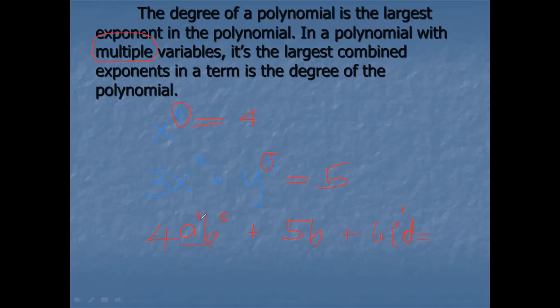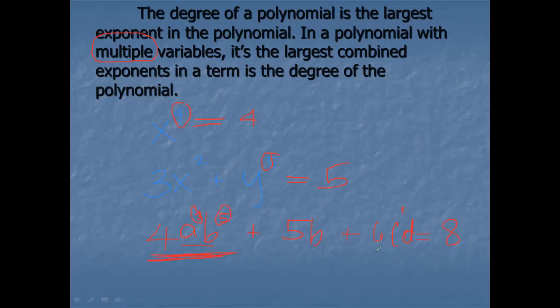Therefore, the degree in here is the highest power combined. So 3 and 5 combined is 8. Here only 1, which is b. Here 2 and 1 combined is 3. So the degree of this polynomial is 8. Why 8? Because we combine the exponents 3 and 5, because this is only one term.